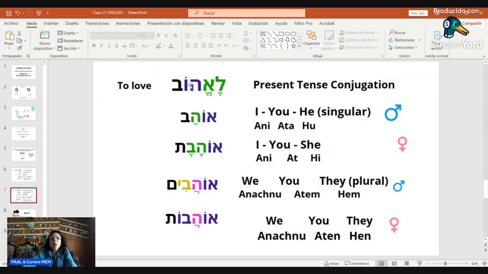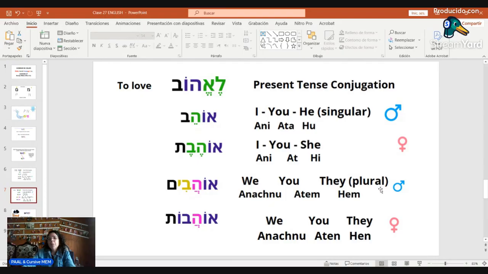Then we also take the holam vav, because right now we're trying to find the shoresh. When we eliminate holam vav and lamed, we have aleph and vet. Then we move holam vav to the second position, and it reads ohev. For feminine, we need the tav.